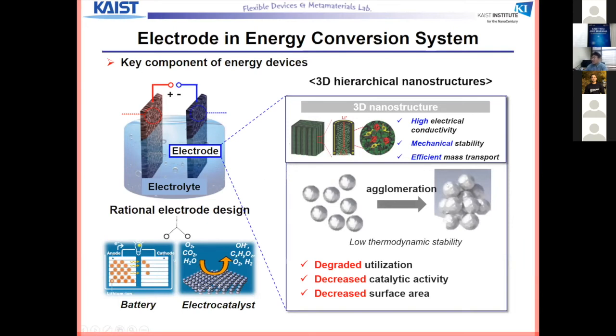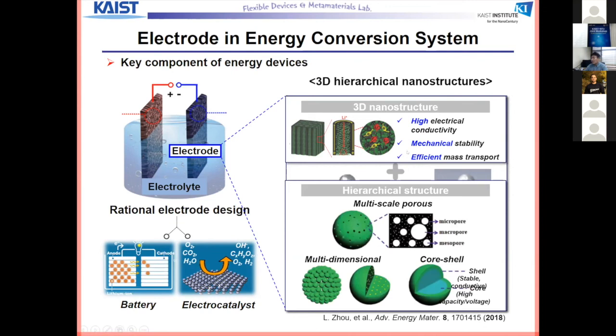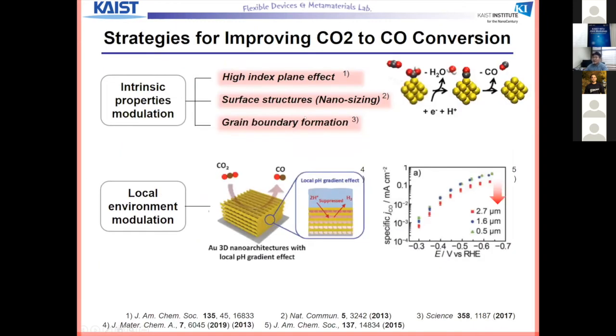So our group is thinking about whether there is any better way to make better energy conversion efficiency, especially in electrochemistry. We think that making some good 3D structure or even hierarchical structure can be beneficial for many applications. So here is one example. Gold is a very well-known CO2 to CO conversion material, through its high-index plane and surface structure and grain boundary formation, but even in powder cases, CO2 to CO conversion generates certain pH conditions.